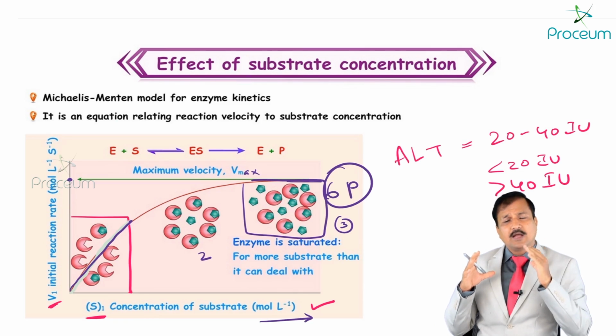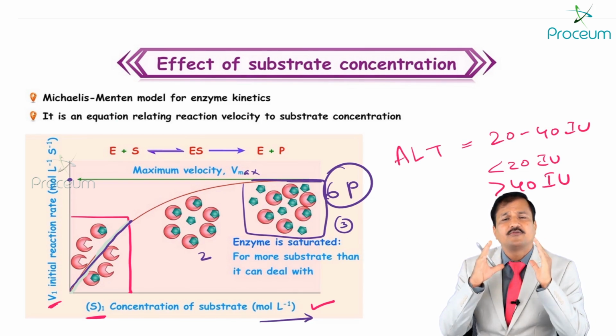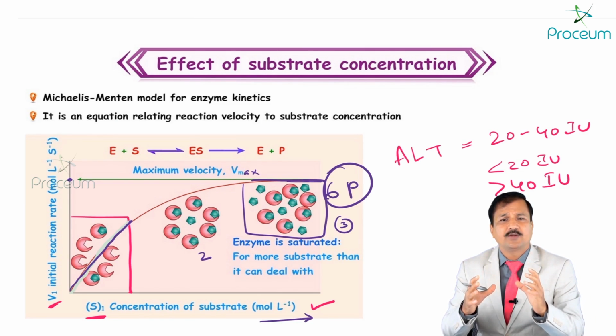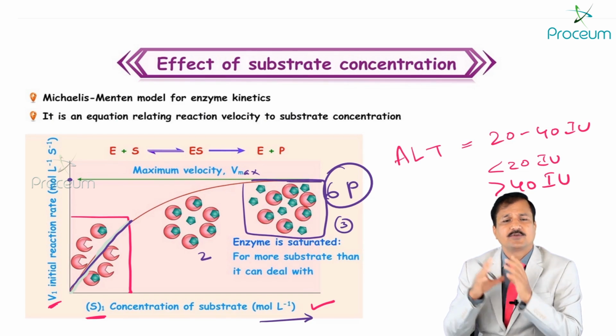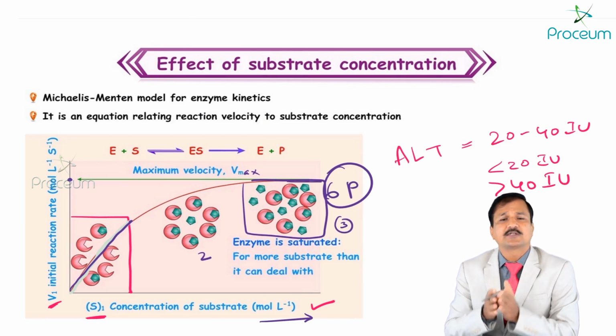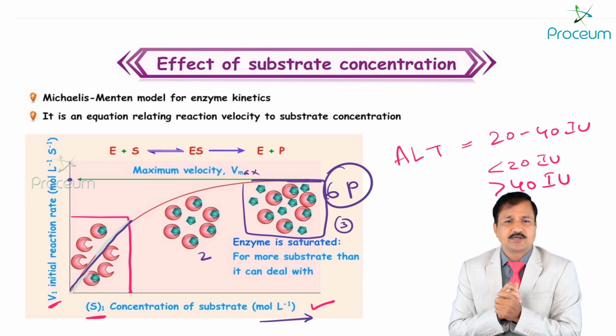So the understanding here is that the majority of our enzymes work at first order kinetics, because we have plenty of enzymes already available and are waiting for the substrate. Whenever substrate is given, it is immediately converted into product, and the velocity of the reaction is directly proportional to the substrate concentration.